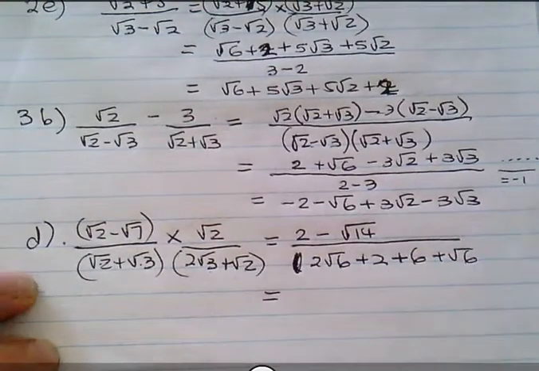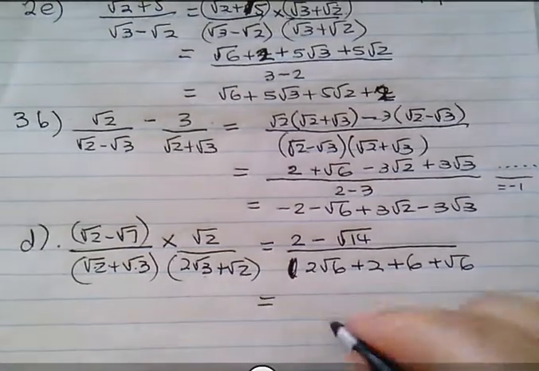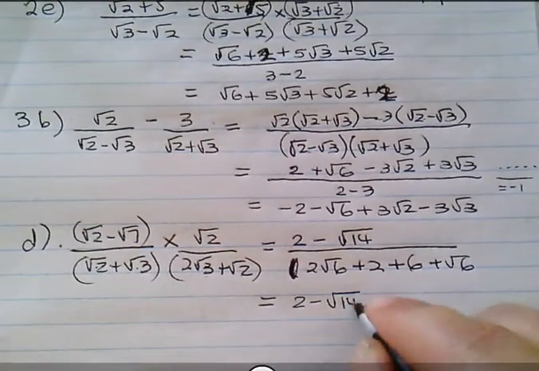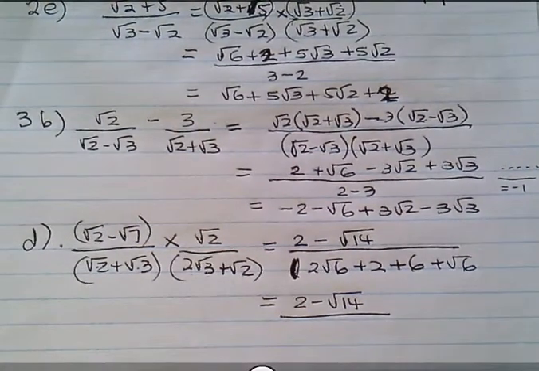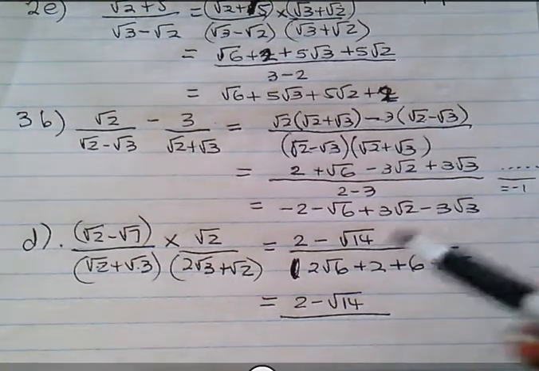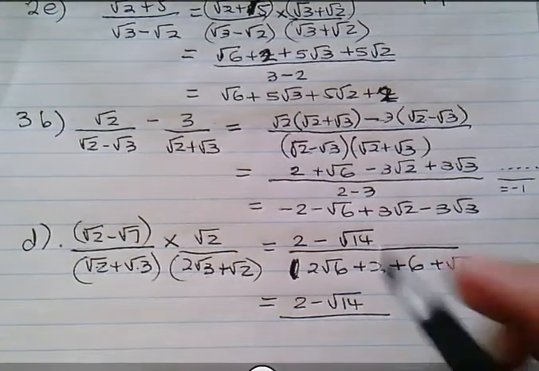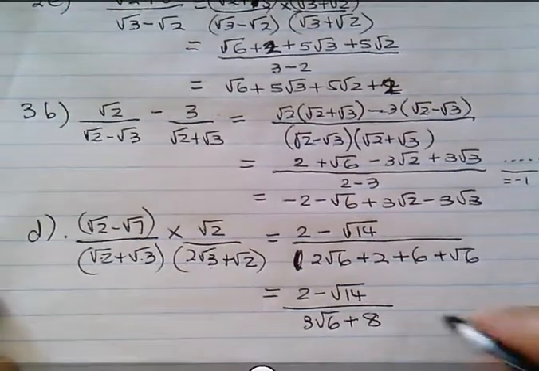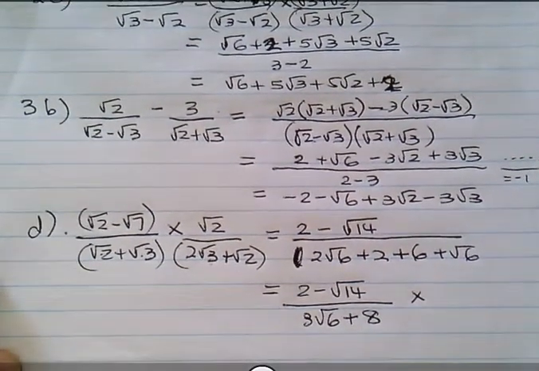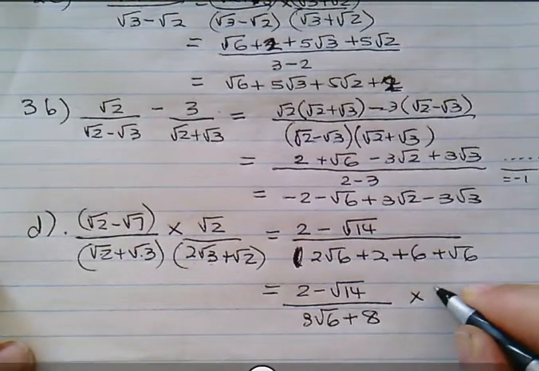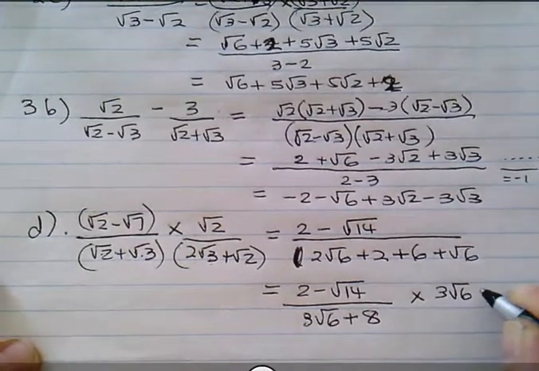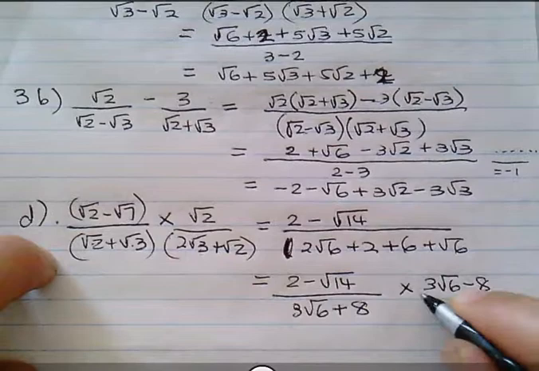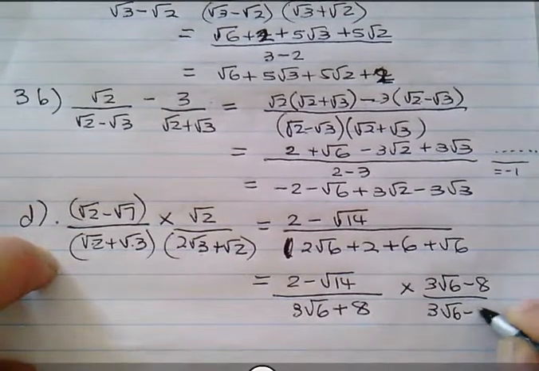Don't go rationalizing yet. It can be simplified. 2 minus root 14 over what? What have we got? 2 root 6, 3 root 6 plus 8. Now that you've got that on the same line, you can rationalize. Times 3 root 6 minus 8 over 3 root 6 minus 8.